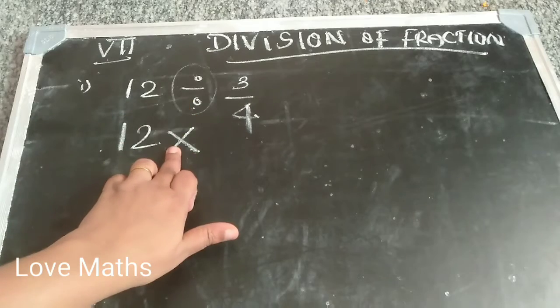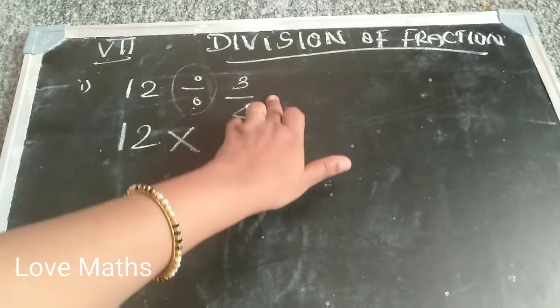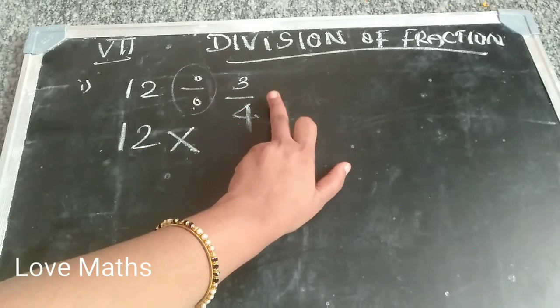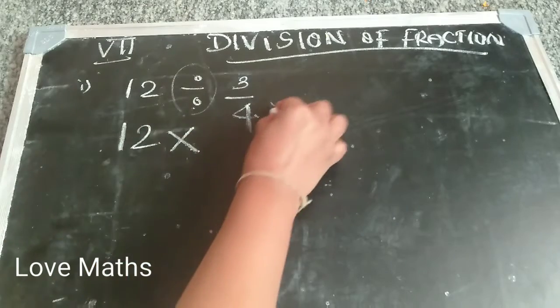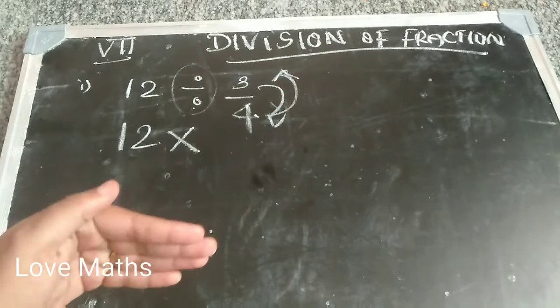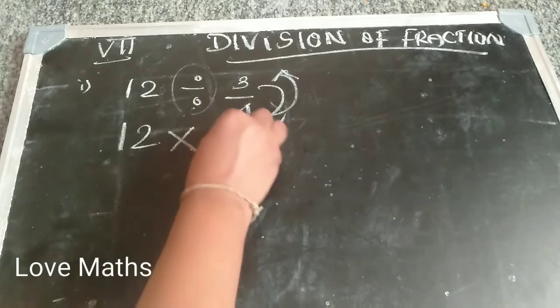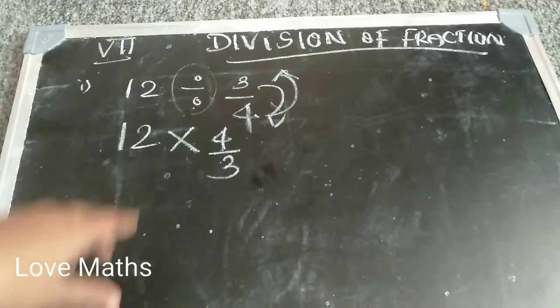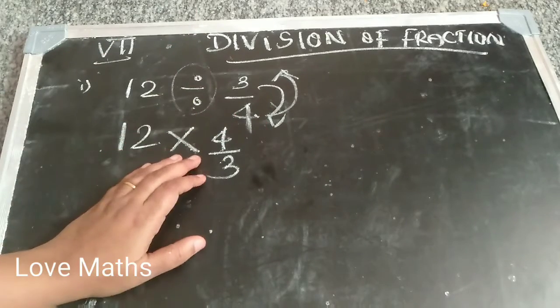To convert, I should write the next number's reciprocal. Reciprocal means ulta: numerator as denominator, denominator as numerator. So 3 by 4 you should write 4 by 3. Now this division I converted as multiplication.